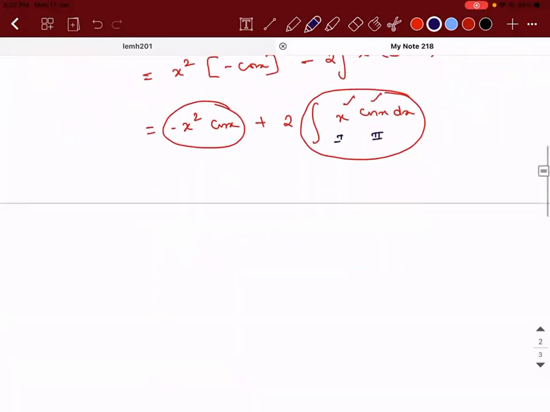Now tell me, guys. So minus x square cos x is undisturbed, plus 2 into an open bracket. Who can tell me? I already gave you the list. If you have written it, just try to make an attempt at explaining it here.